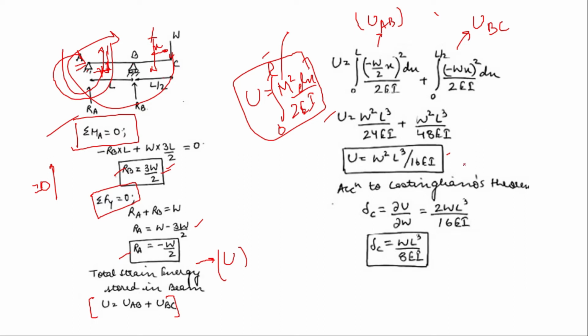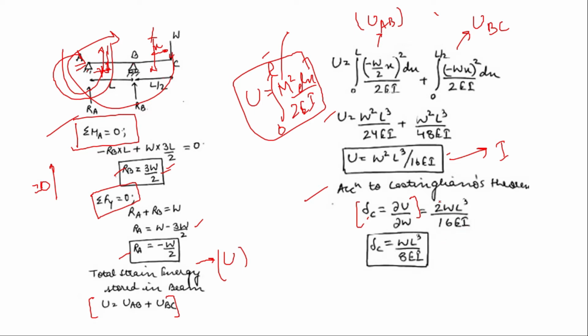Then according to Castigliano's theorem, the deflection at any point is equal to the differentiation of strain energy with respect to the load W. So the deflection at C will be dU upon dW. If we differentiate this equation with respect to W, we get 2WL cube upon 16 EI.